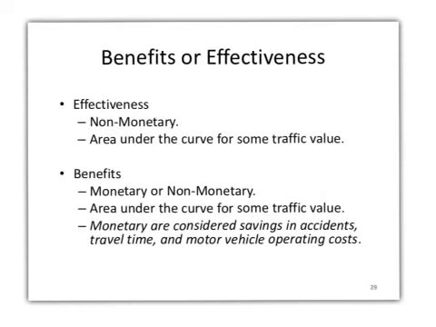The monetary are typically considered savings in accidents sometimes, or travel time, or motor vehicle operation cost. All those can be included in the monetary effect or the benefit. Why? Because if I have a good treatment, let's say 4 inches overlay, I know it's going to last for 10 years or so, which means I'm not going to have a traffic delay, or it's going to reduce the accidents, and therefore it's going to have higher benefits compared to a chip seal or a slurry seal or just sealing the cracks.